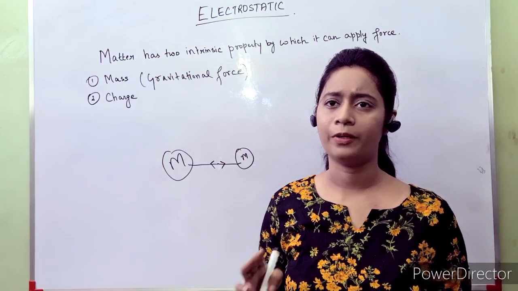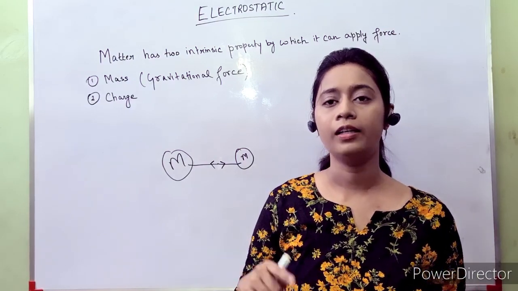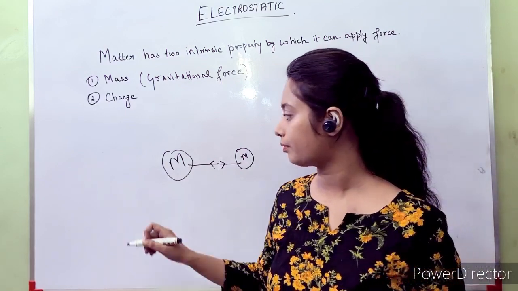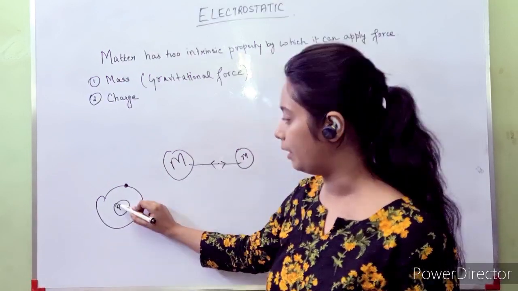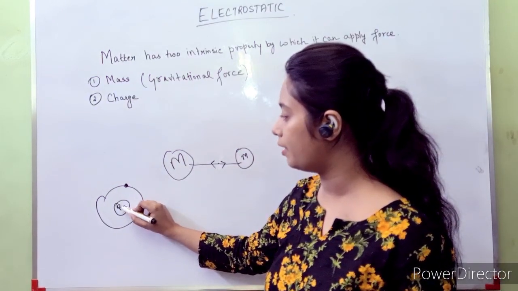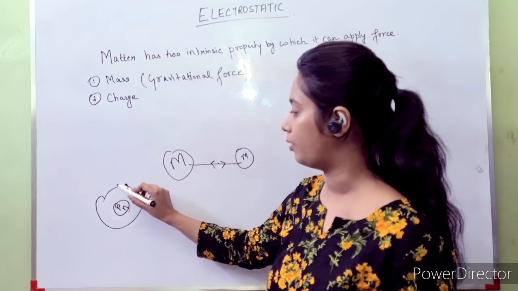Forget about the neutron because it is chargeless. We will concentrate more on proton and electron. If this is one atom and this is the nucleus, this proton and neutron are making the nucleus, and electrons are revolving around the nucleus.